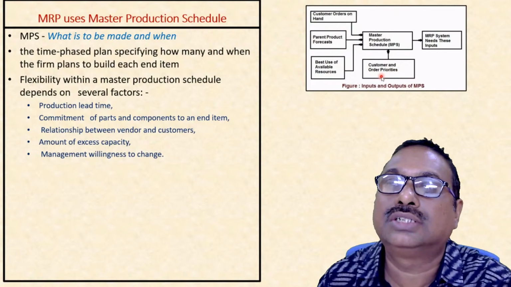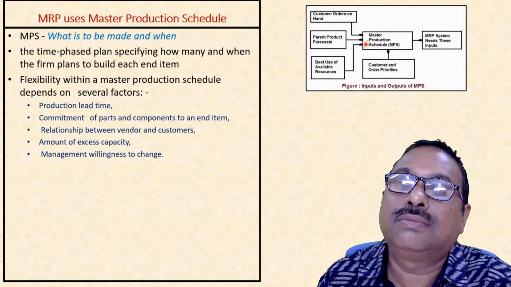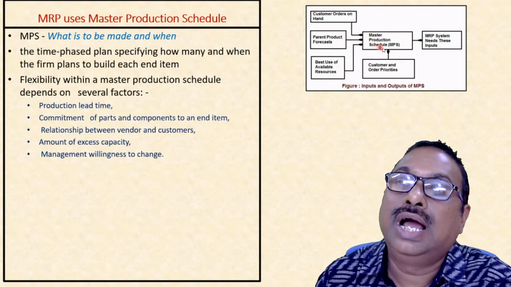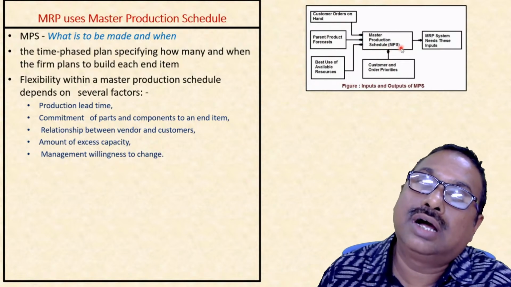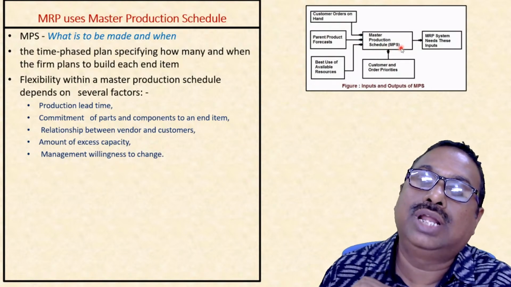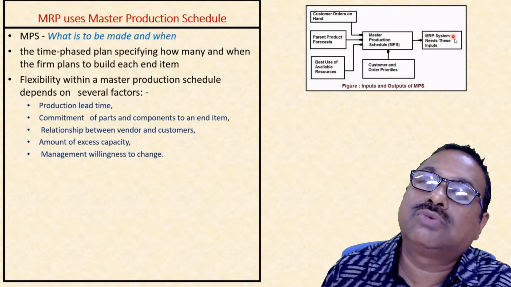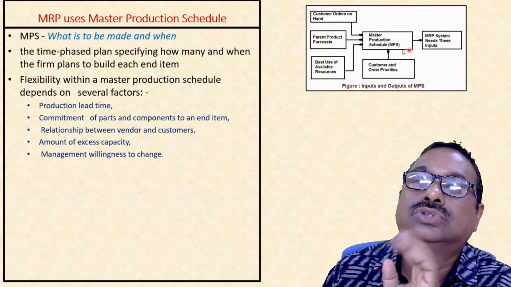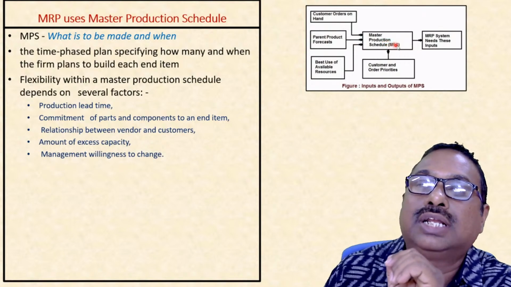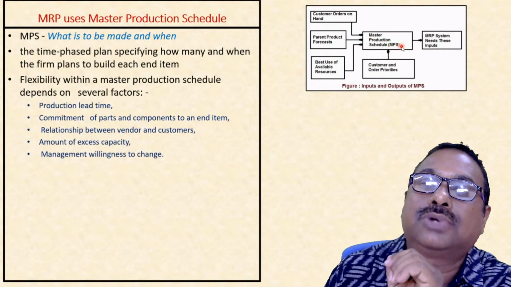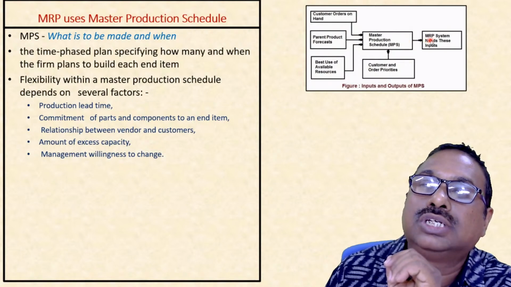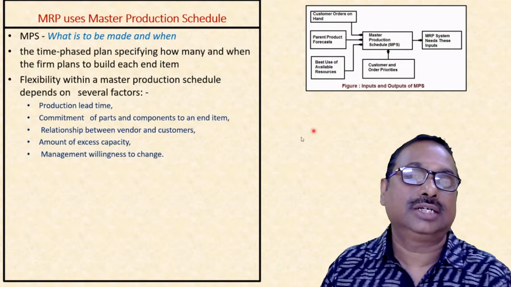So these are the priorities. These are the inputs for master production schedule, and the output, that 1,000 ambulances, is the input of this material requirement planning system. So the output of the MPS goes to this material requirement plan.